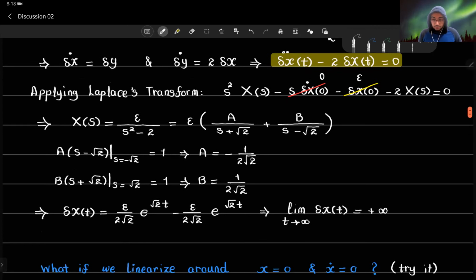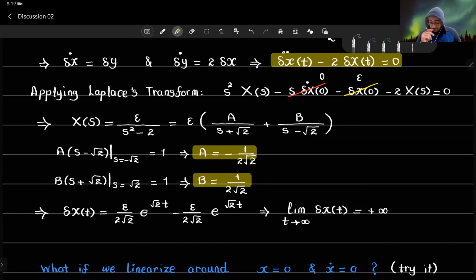We can use the traditional method for solving the coefficients in a partial fraction expansion. In this case, we see that a multiplying s minus square root 2 evaluated at s equal to negative square root 2 will be equal to 1, which implies that a will be given by this fraction. And similarly, we do the same with b to get that b will be equal to this fraction.